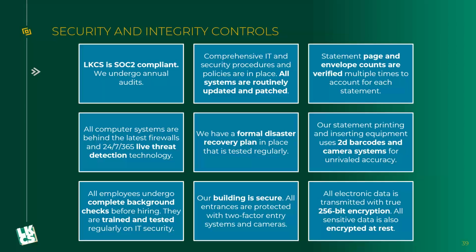We have all sorts of policies and procedures that are in place and tested regularly. We are SOC 2 compliant, but that obviously provides documentation and makes us better, but that's not the be-all, end-all, right? We're better than even being SOC 2.